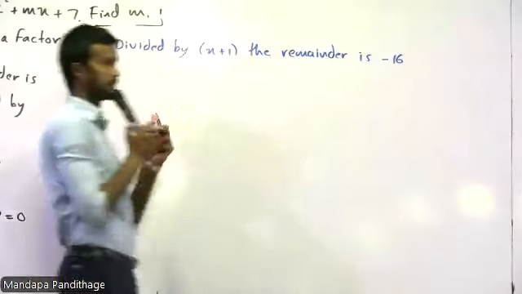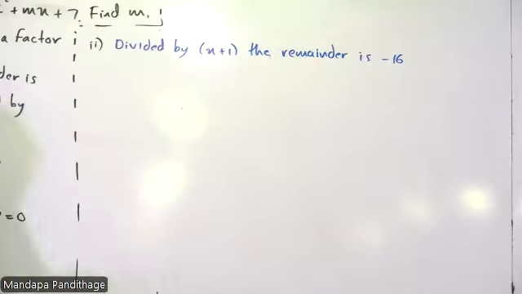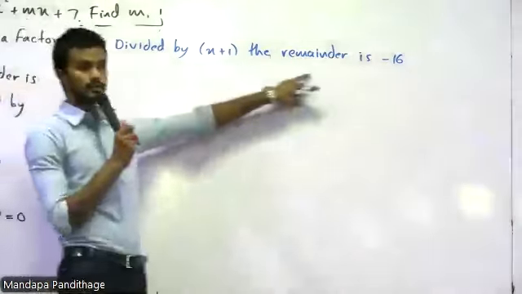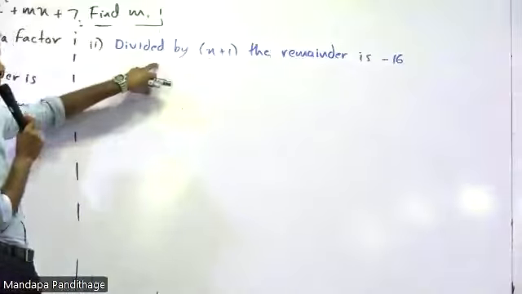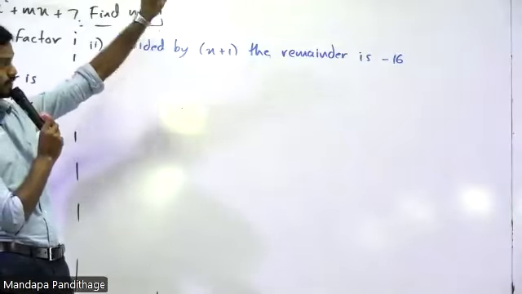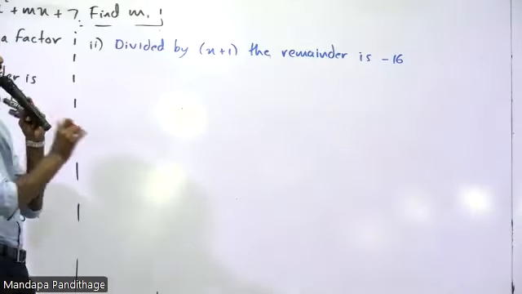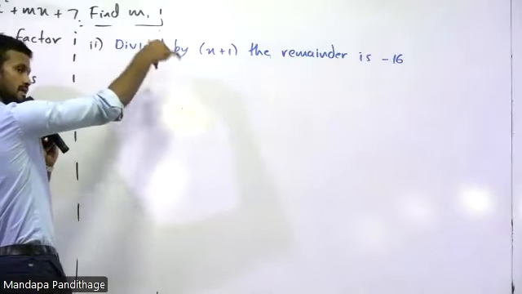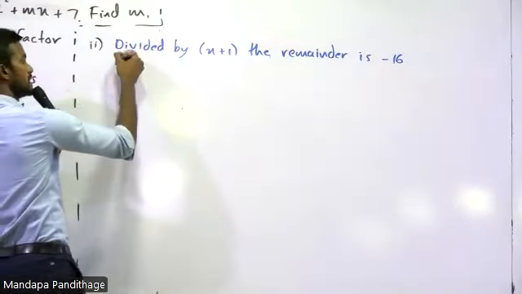Clear? This is given in English. So how can you convert this English sentence to a mathematical equation?